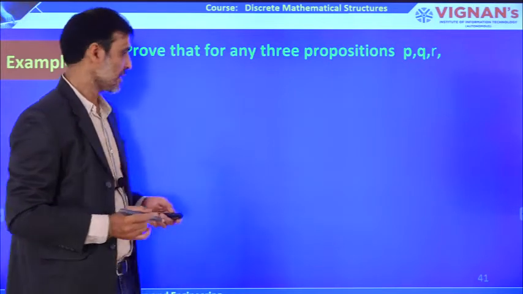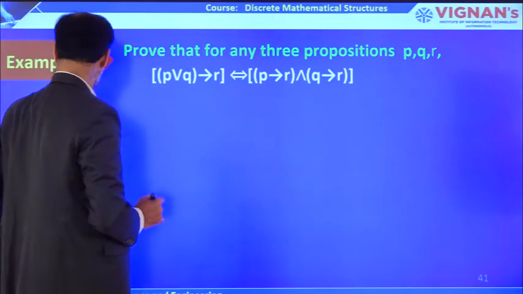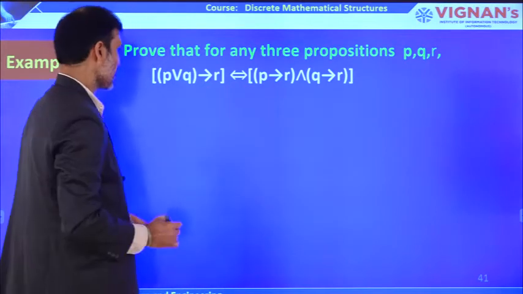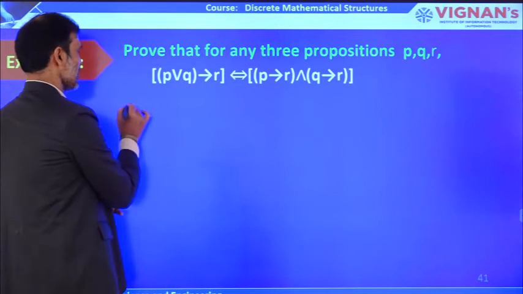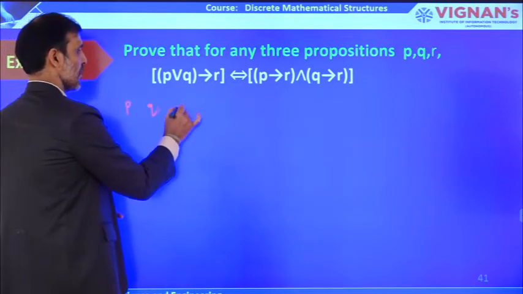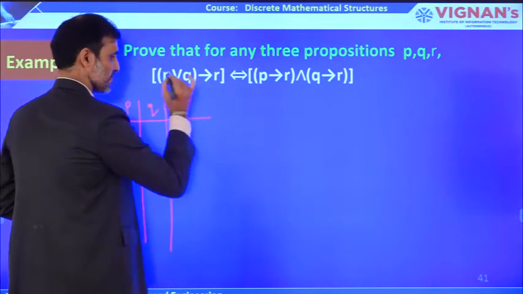So the difficulty is, suppose I want to check whether it is logically equivalent or not. So what is the procedure here? How many variables are given here? 3 variables. One is P, another one is Q, another one is R. So 3 propositional variables are given here.